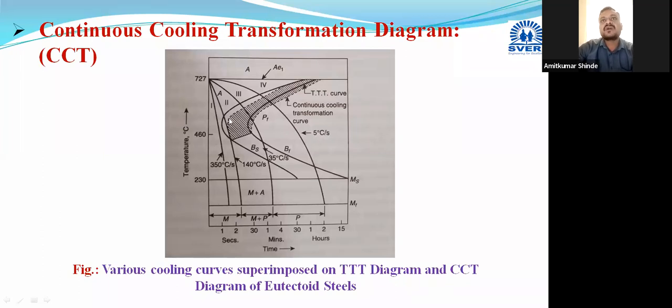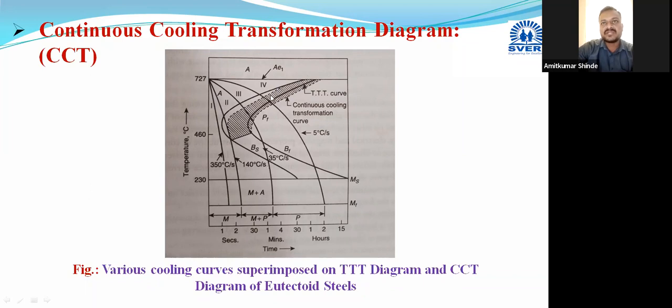If you compare the TTT curve and the CCT curve, the CCT curve shifts towards the right side and into the lower side as compared with the TTT curve.